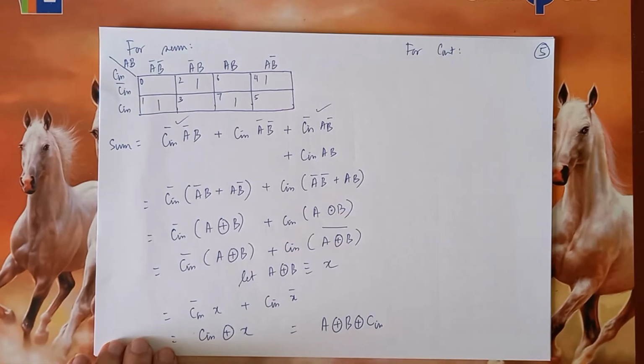So essentially the sum, very much like a half adder, is still following an XOR operation. If you recall, the sum in case of half adder was simply A XOR B, which we had obtained.